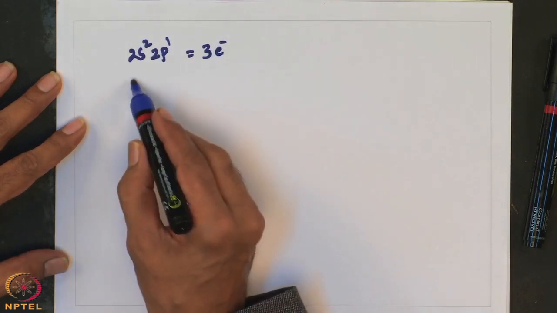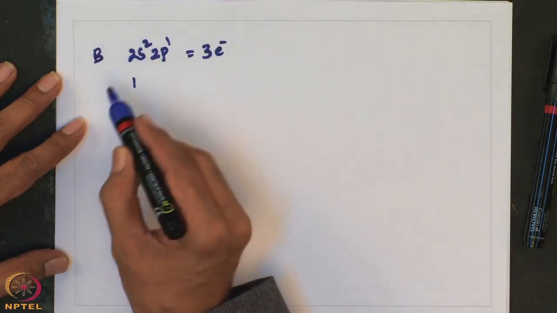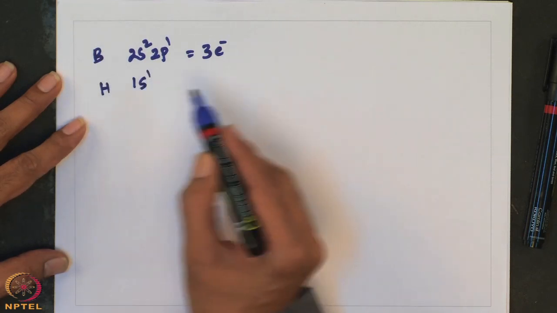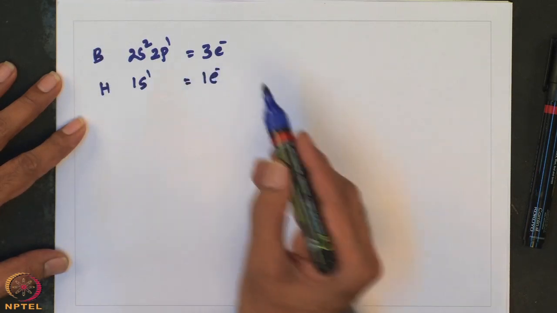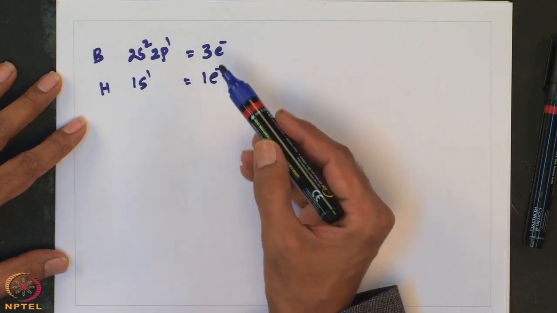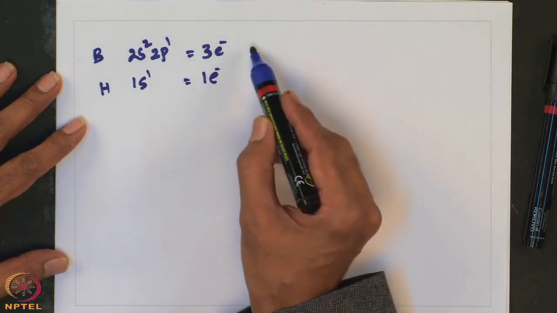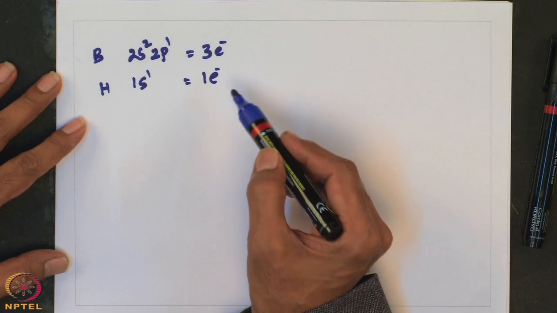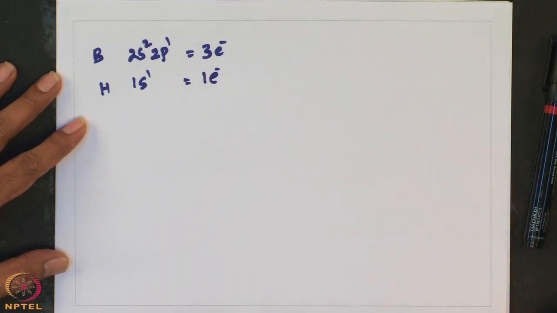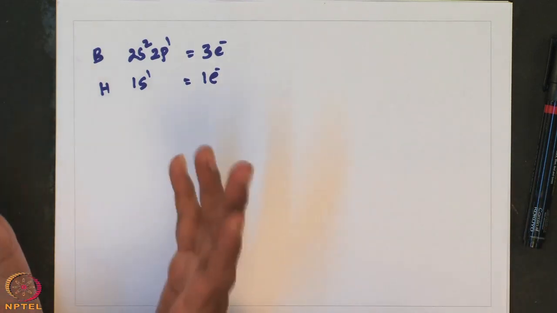Similarly, hydrogen is 1s1, so we have 1 electron. That means each boron will give 3 electrons and each hydrogen will give 1 electron. In this way, in a given boron hydride we have to count the total number of valence electrons coming from boron as well as hydrogen.